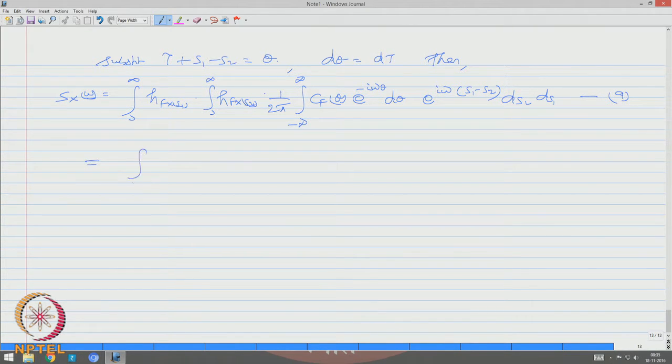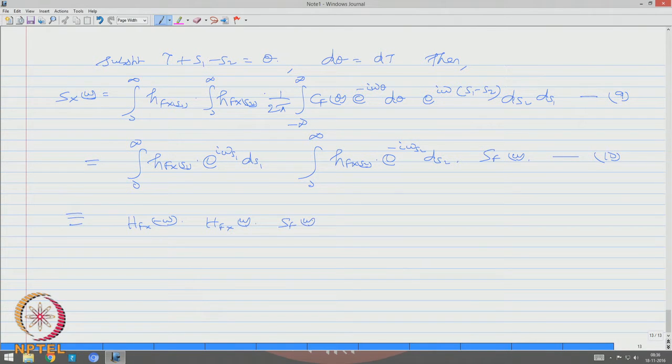which can be reduced to the integral 0 to infinity h_f(x,s1) e^(i omega s1) ds1 times the integral 0 to infinity h_f(x,s2) e^(-i omega s2) ds2 into S_f(omega), which I can now say is H_f,x(-omega) H_f,x(omega) S_f(omega), that is my S_x(omega).